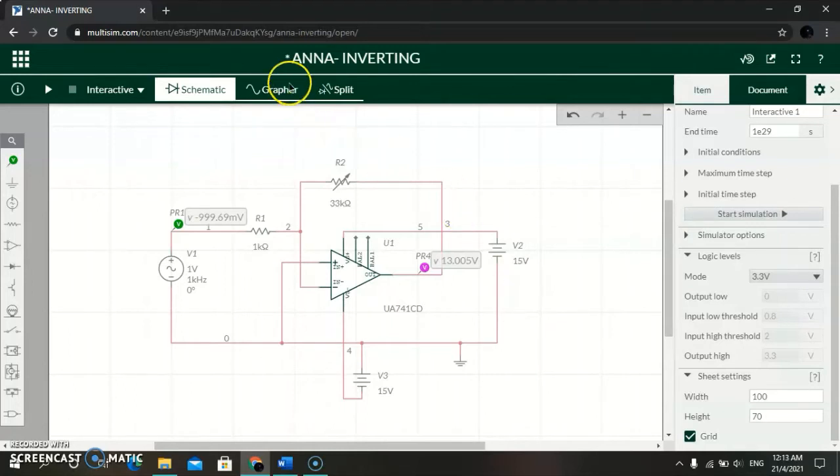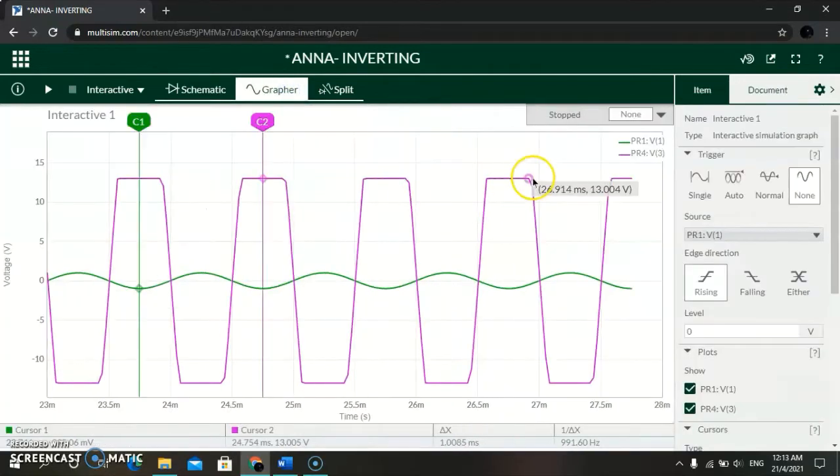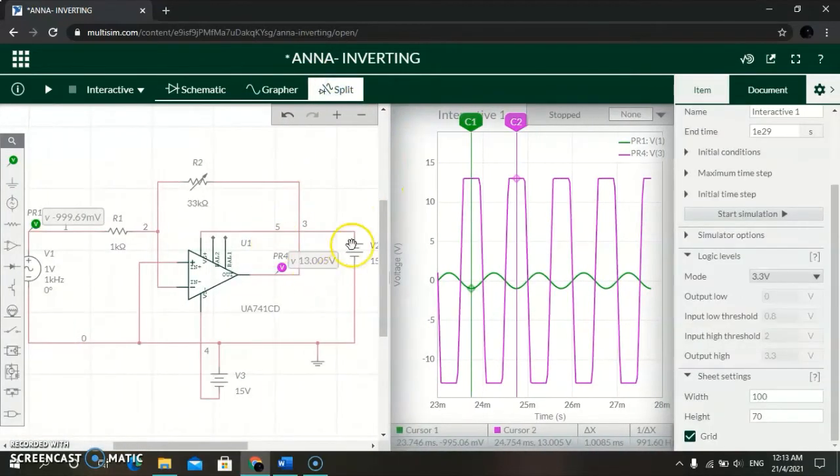After we run, we get 13 volts here, because it's impossible to get the same value as the Vsource, and it's the maximum voltage for this operational amplifier.